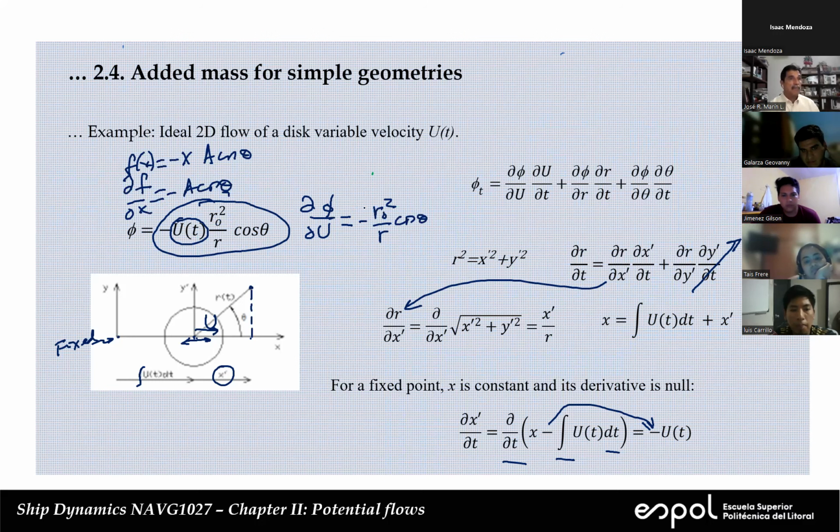This is the partial differentiation, because in this case, u is your independent variable. So you have this expression for this. This is going to be considered as the acceleration, and we are going to simplify these terms. You will see that in a minute. So as a result, we get phi of t, and we replace that in the expression for the pressure.